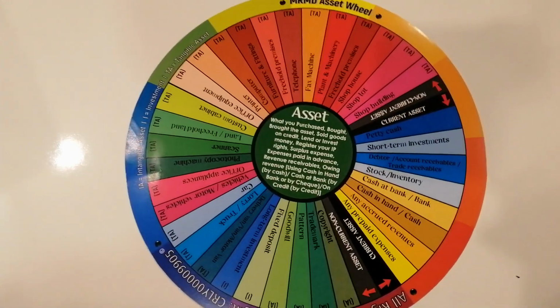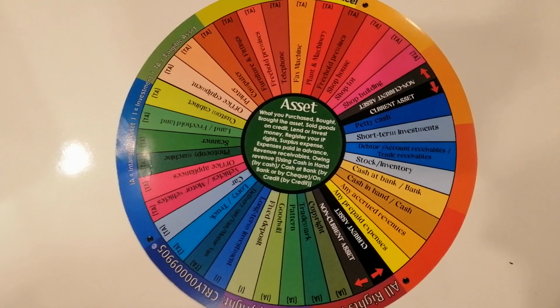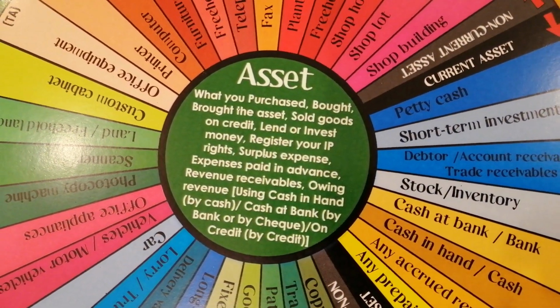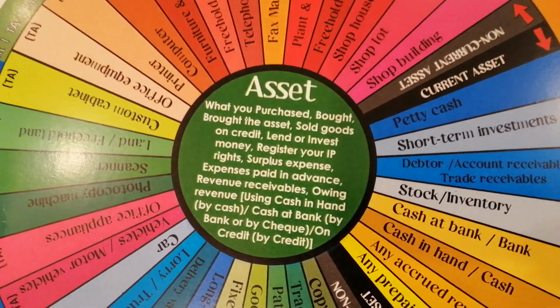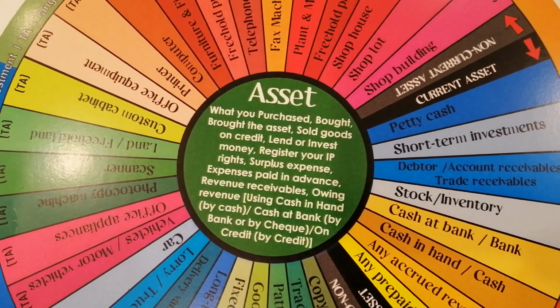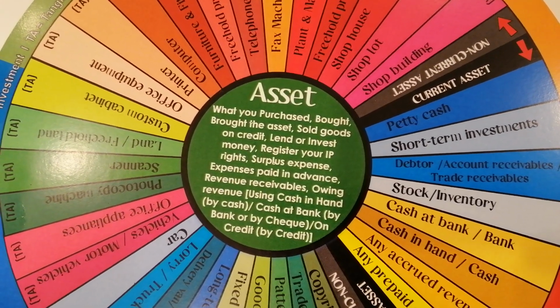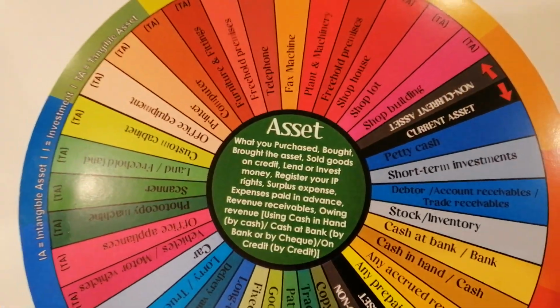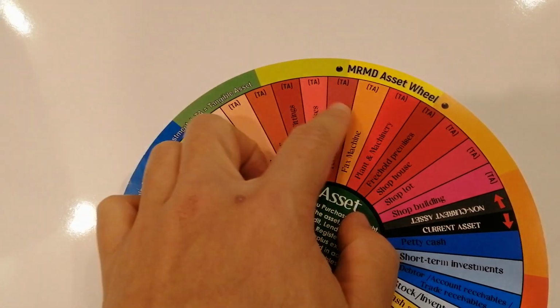If you look at the tool for asset, the circle of asset, you can see we have the keywords, we have the verbs: what you purchase, bought the asset, sold goods on credit, lend or invest. So this is what we call keywords to represent if you deal with a transaction, that is an asset. And we have a lot of items here.